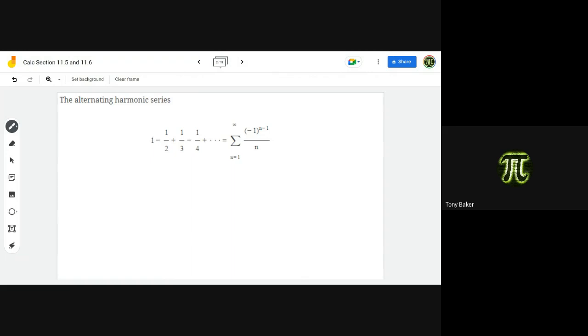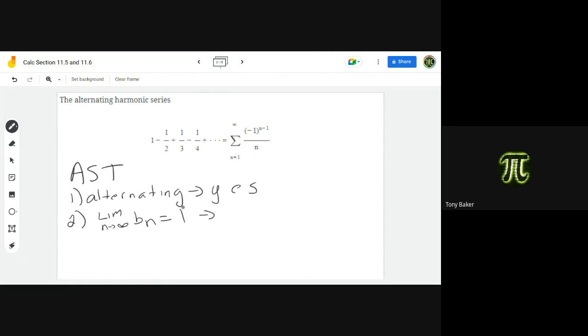So let's look at it in terms of the alternating series test. So, 1. Is it alternating? Yes. Okay, good. So I can use this test. 2. Is the limit as n goes to infinity of Bn equal to zero?